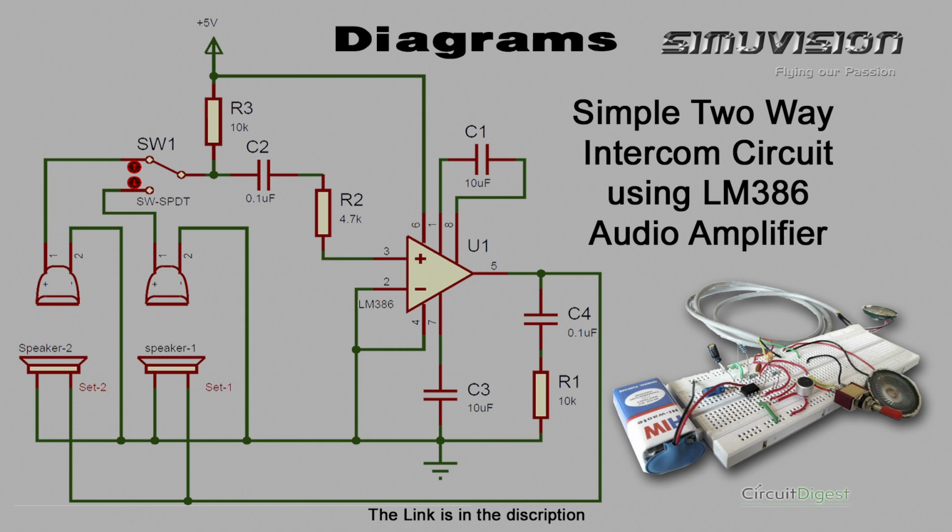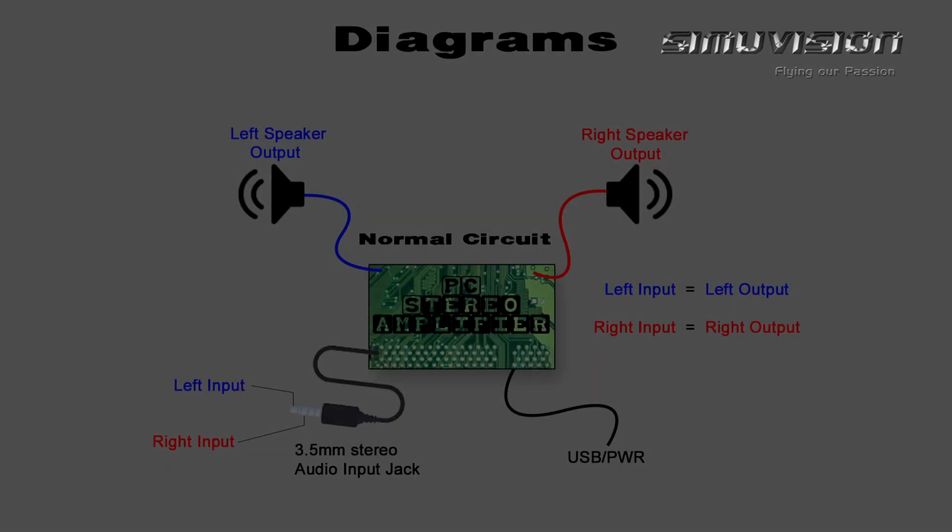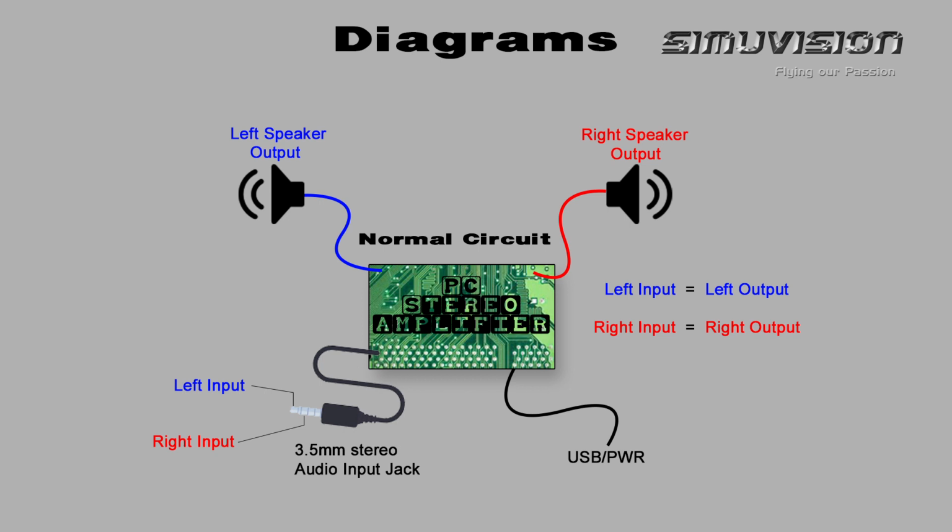Initially, we were really inspired by this simple two-way intercom circuit using LM386 audio amplifier. The only problem we were having was that we were able to hear our own voice when we were communicating. So we came up with another idea of using a normal stereo amplifier circuit which has two inputs of left and right and two outputs of left and right on the speakers.